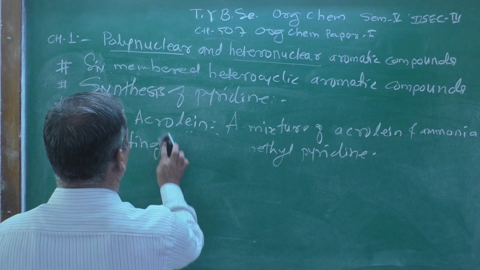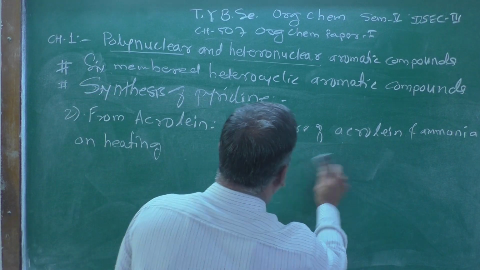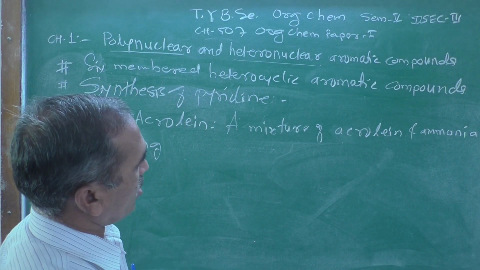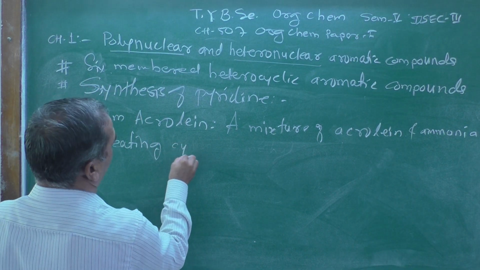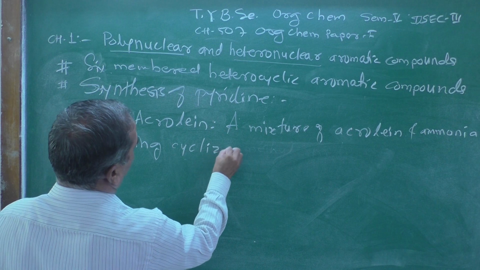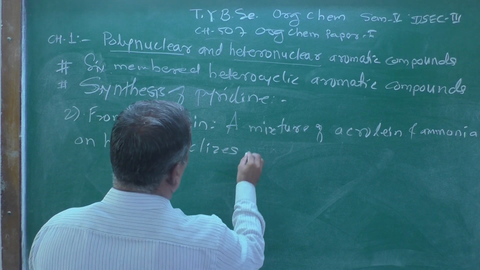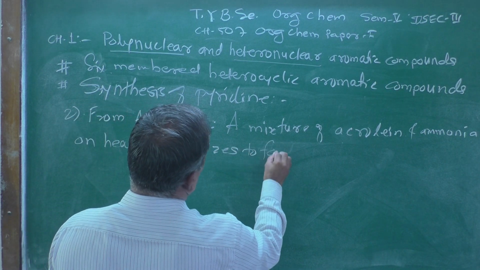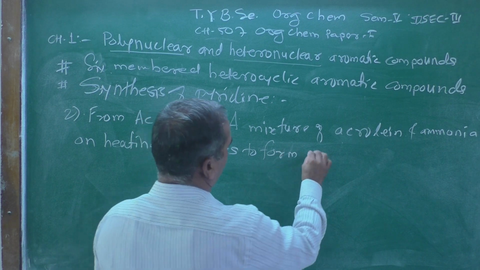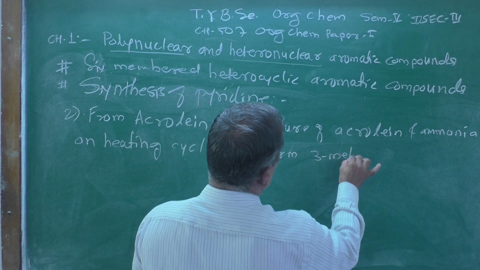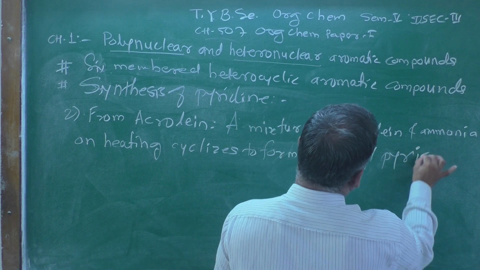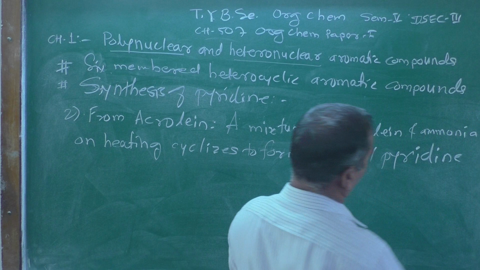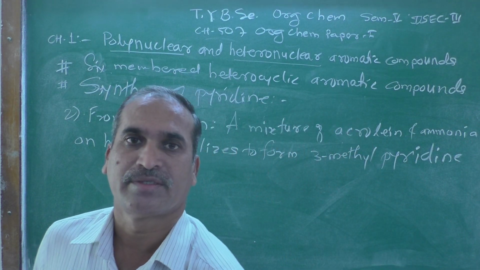Let me clear this sentence once again: a mixture of acrolein and ammonia on heating cyclizes to form 3-methyl pyridine, which is the product obtained.